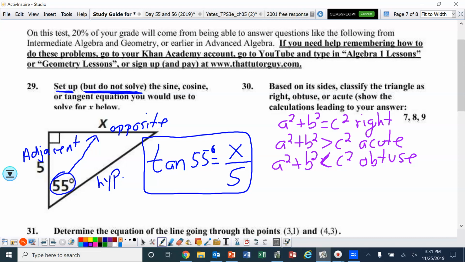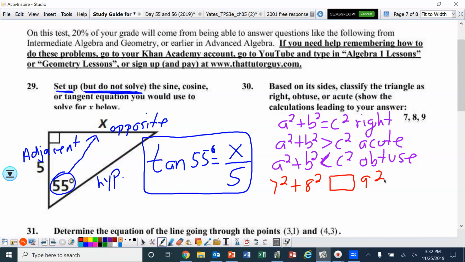All right. So we're going to check this one out. So we're going to plug the numbers in. So we're going to go 7 squared plus 8 squared. Whoops, that's not a square. There we go. And we want to know, what is it compared to 9 squared?